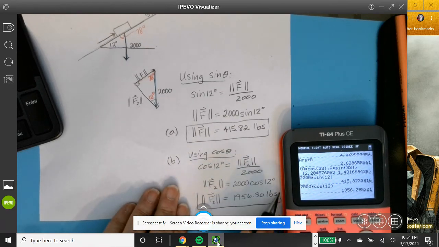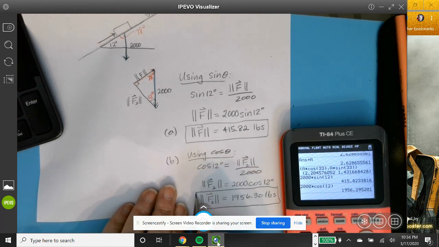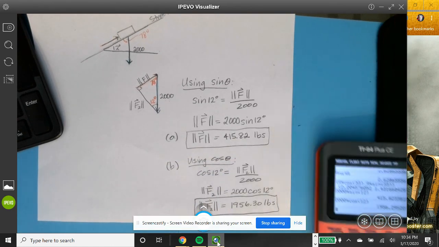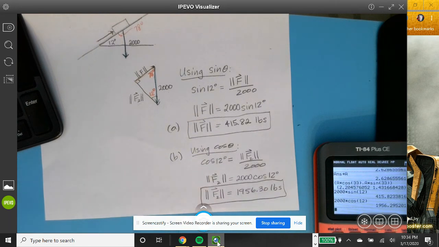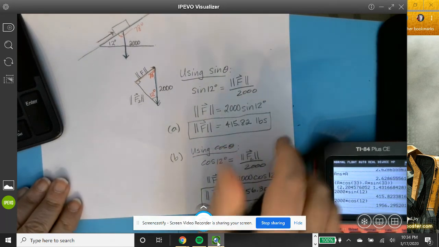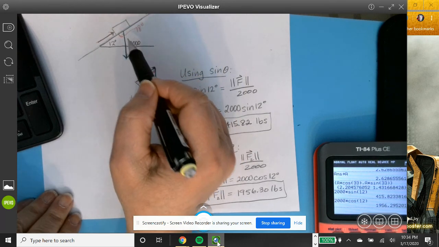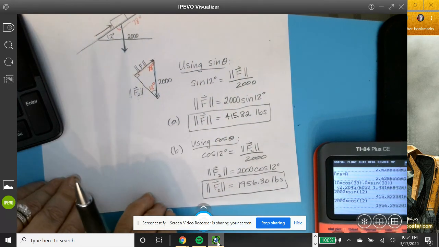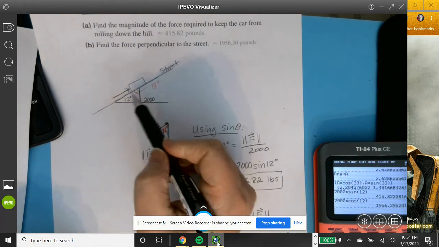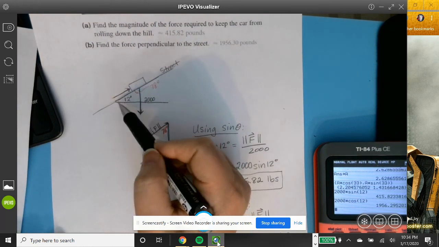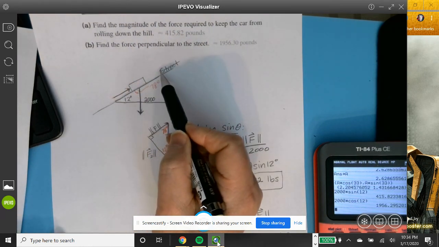There we go. And that would be the answer to number 47. So what do you have to do with 47 that's a little bit tricky? Well, you've got to know that you can move the vectors, which really bugs people sometimes. But you're going to have a force that's either pushing or pulling on this, right?